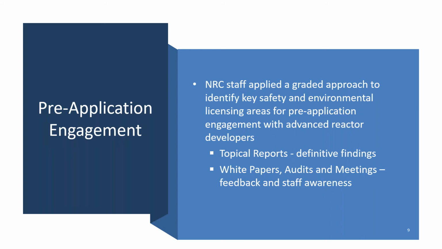Therefore, you will see in the paper that for some activities, we identified things that need to be addressed through topical reports in order to support the definitive findings during the pre-application stage, while others we have identified as either submittal of white papers, audits, and meetings to obtain NRC staff feedback and for staff awareness.